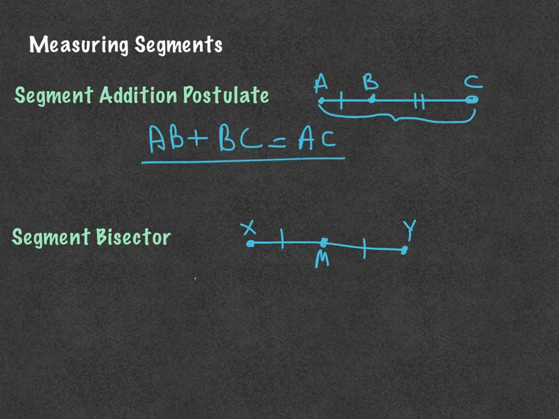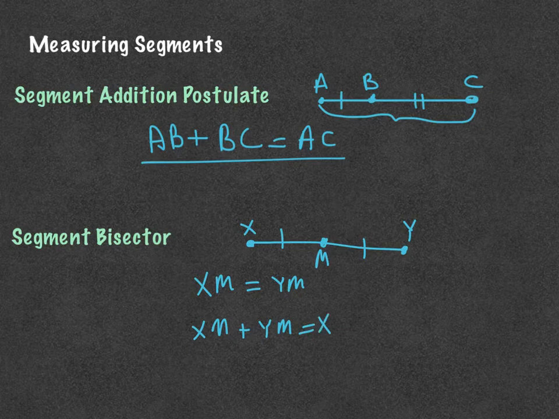So in this case, the length XM is equal to the length YM. And another way to look at it is, as the segment addition postulate, XM plus YM is going to be equal to XY.